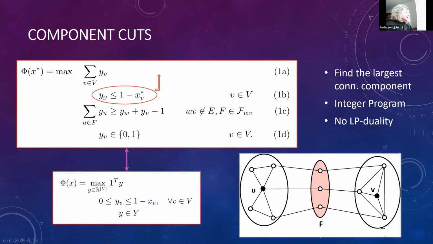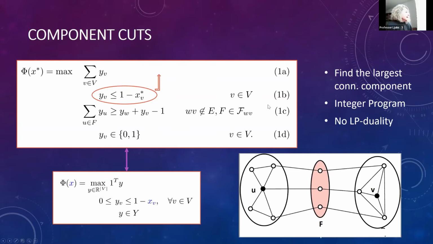And these constraints 1c state the following. If the vertices v and w are both in the same connected component, then there must be a path connecting them so that along this path, all the vertices are taken in the component. Okay, so this is a visualization of these cuts.